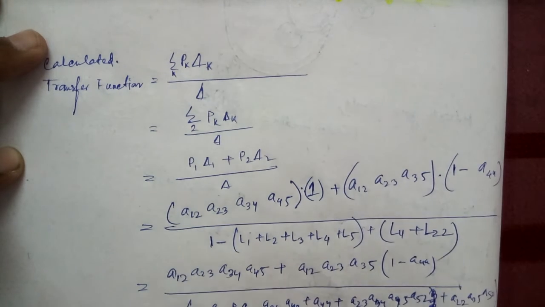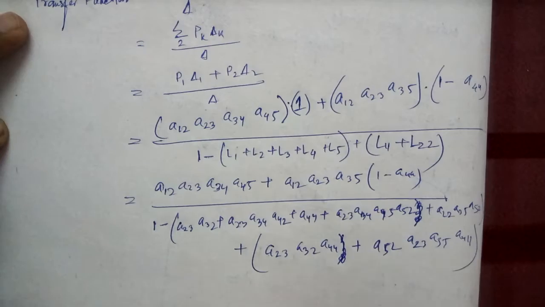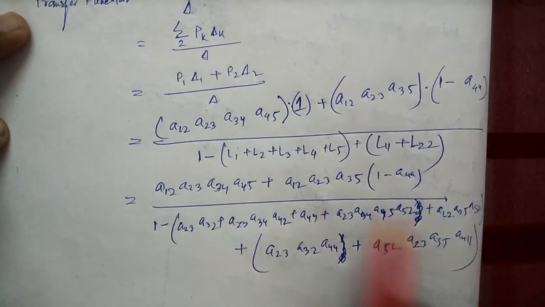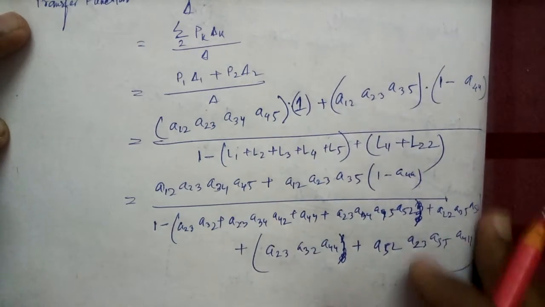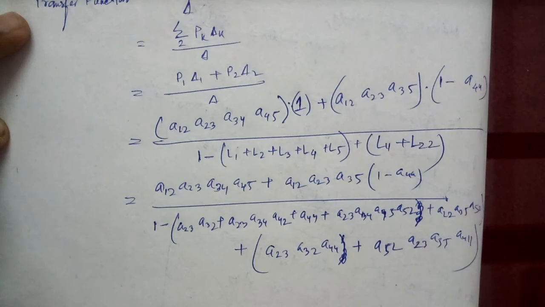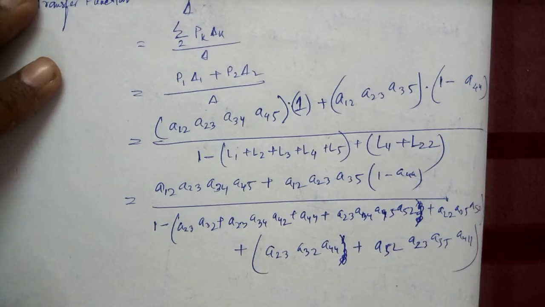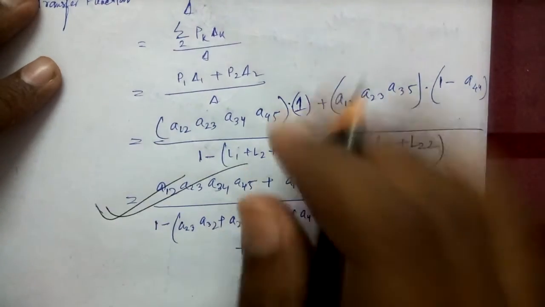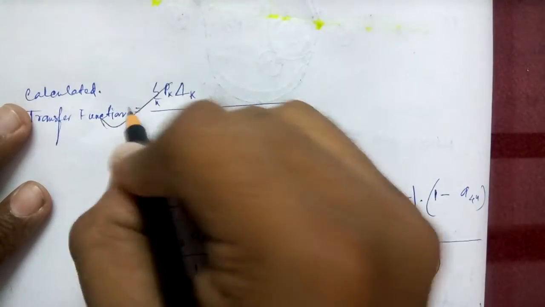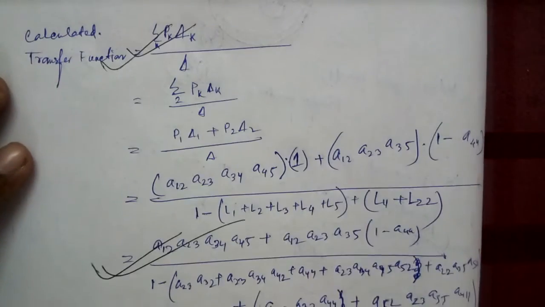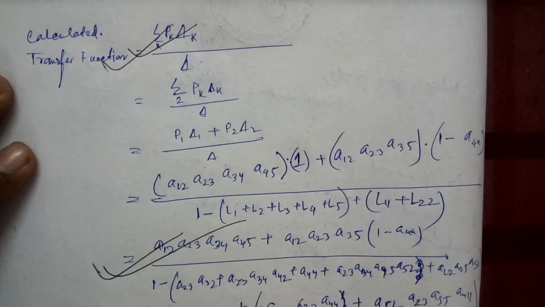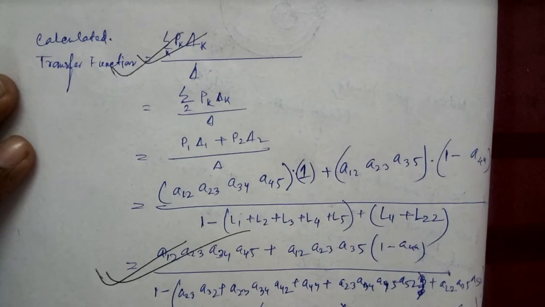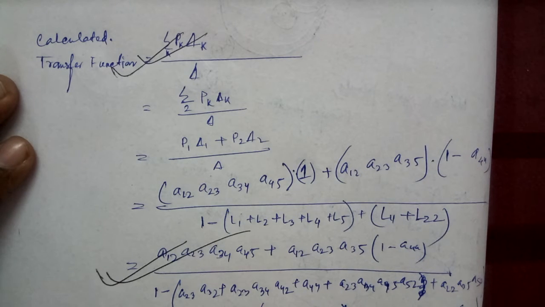This comes out very large, so we can simplify it and get the transfer function. This is the procedure which I tried to explain to you, and this is the basic of any signal flow graph, and in this way you can find any transfer function of any system from a signal flow graph very easily.